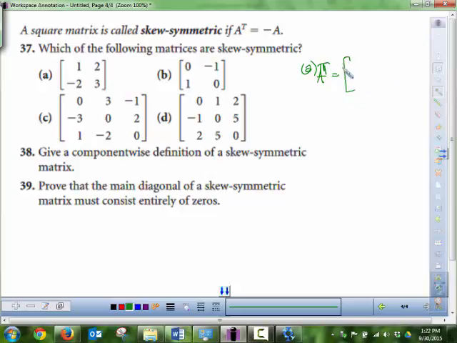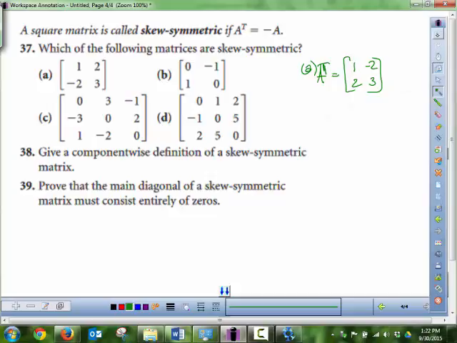I write things row first, then go down and across. It's 1, negative 2, 2, and 3.